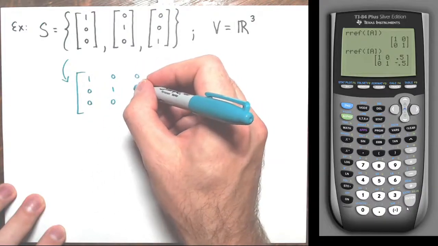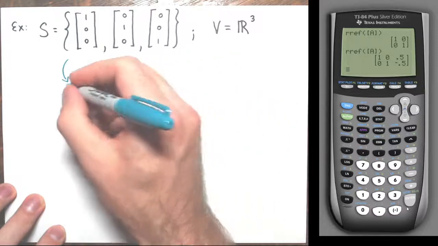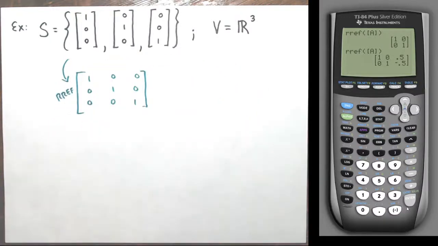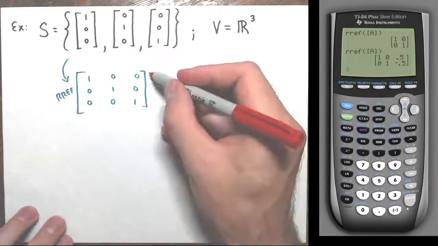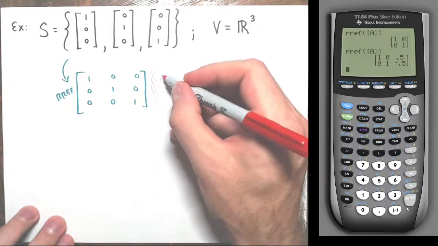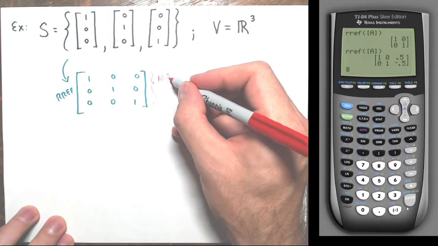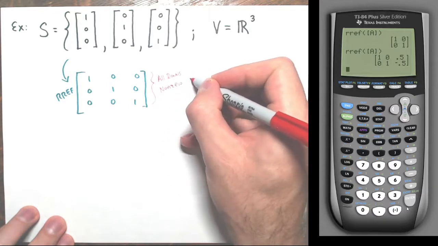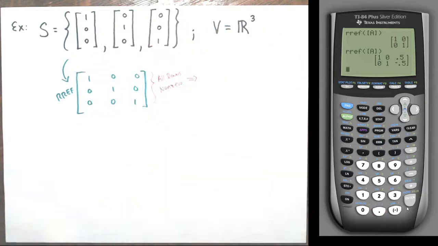The identity matrix, and it's already in reduced row echelon form. And if you look at the rows, all rows are non-zero. So these vectors do span R3.